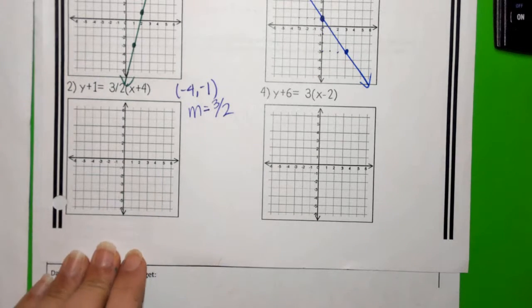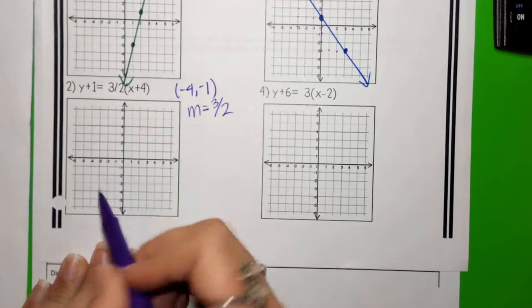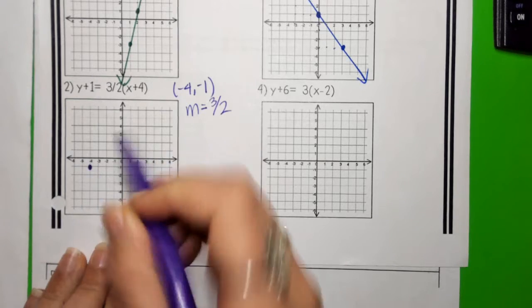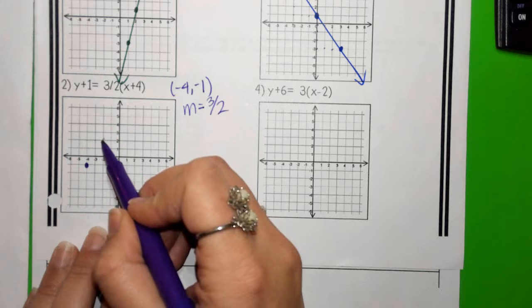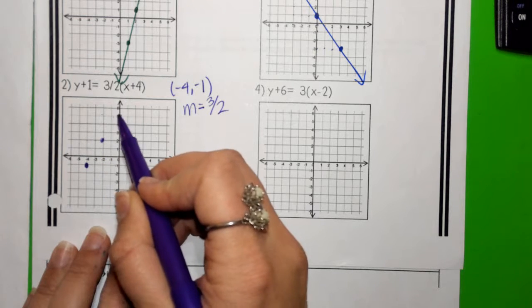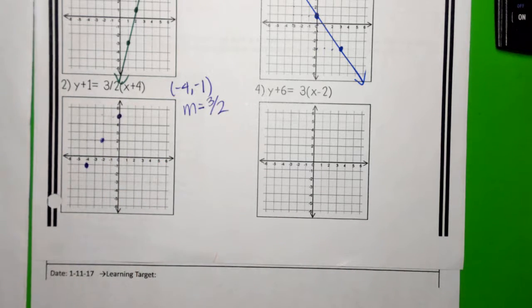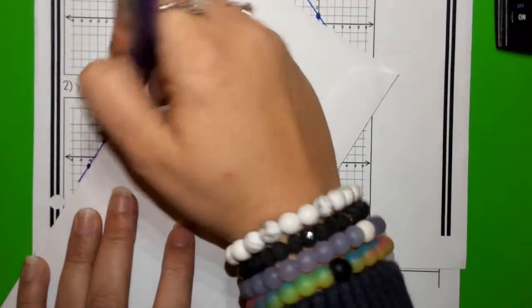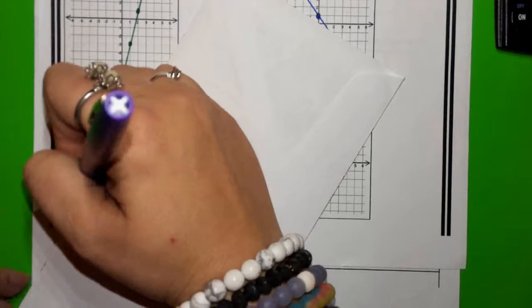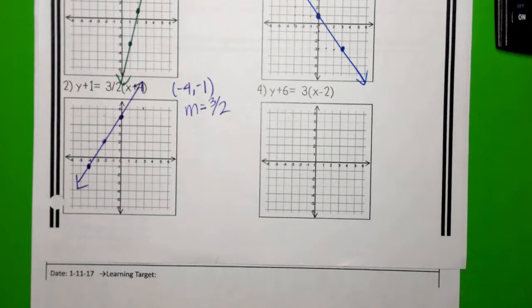You go to the left 4, and down 1, all right, and what do you do from there? Up 3, right 2. Give your team a point.